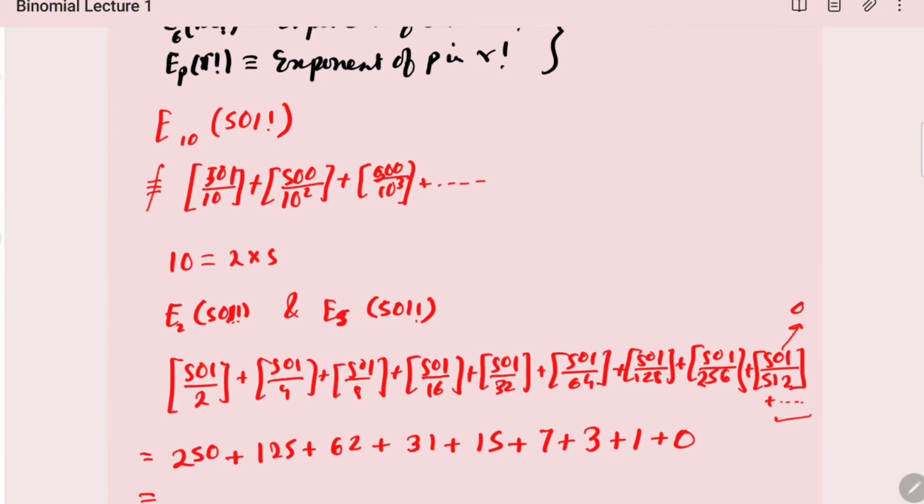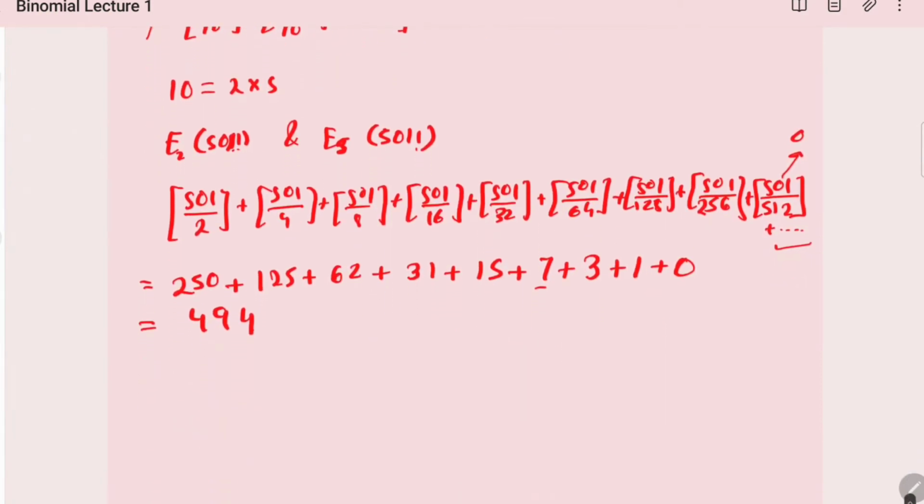And 2 is 437. 437 and 31 is 467, and 1 is 468. 468 and 10 is 478. 478 and 5 is 483. 483 and 7 is going to be 490. 490 and 3 is going to be 493. 493 and 1 is going to be 494.